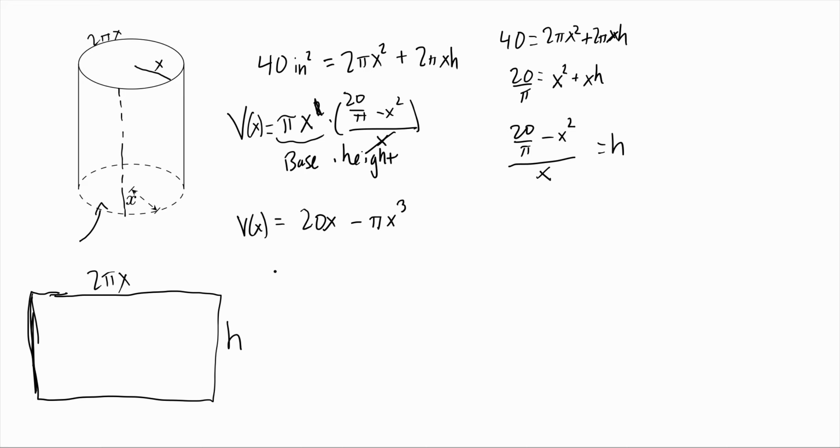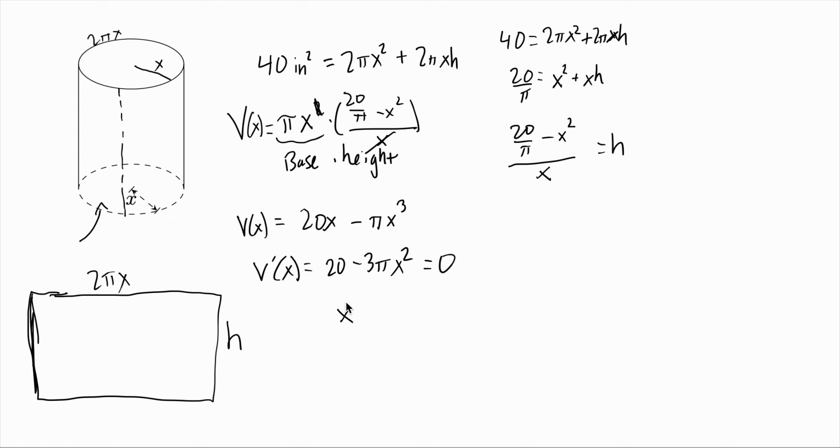Now we're going to take a derivative of this. The derivative is simply 20 minus 3 pi x squared. If we set that equal to 0, we can move this to the other side and divide by 3 pi.